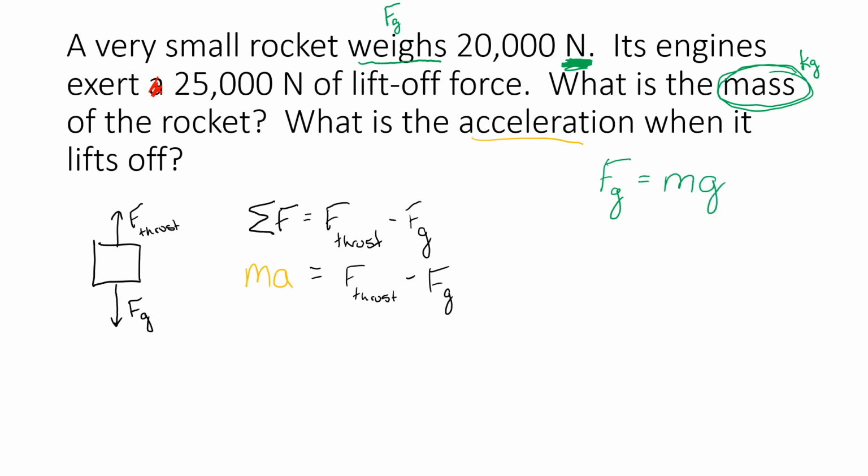So we are given 20,000 newtons of force, solving for the mass, and the acceleration due to gravity is 9.81 meters per second squared. So I get the mass is 2,038.7 kilograms.